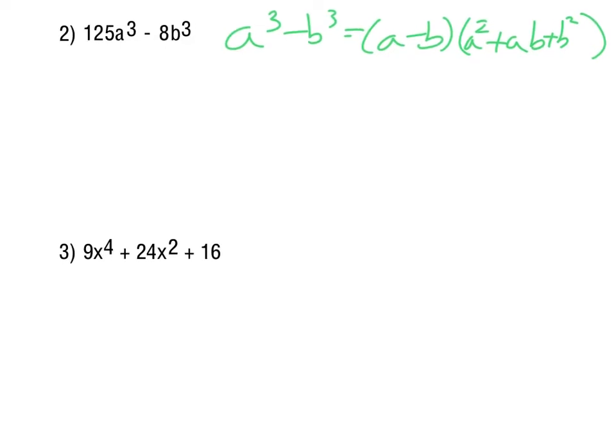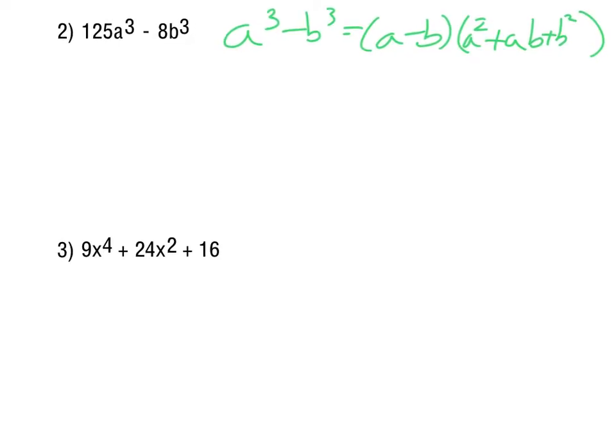So that's our difference of cubes pattern. Nice thing about that is we start by just cube rooting our two terms, and we get 5a minus 2b. And those are really the basis for the rest of our factored form there, really the trinomial.